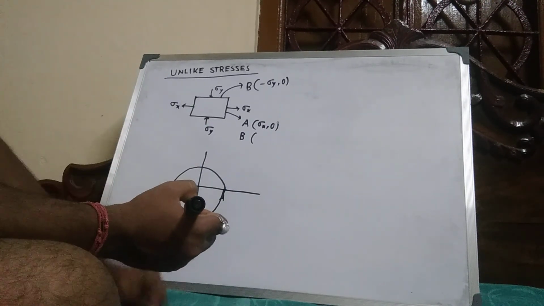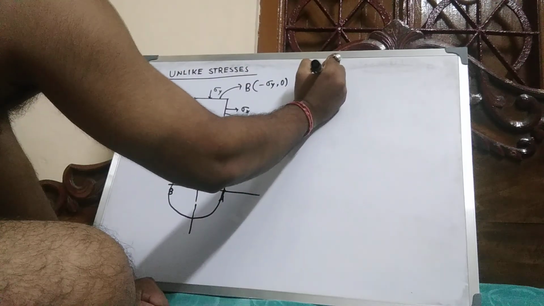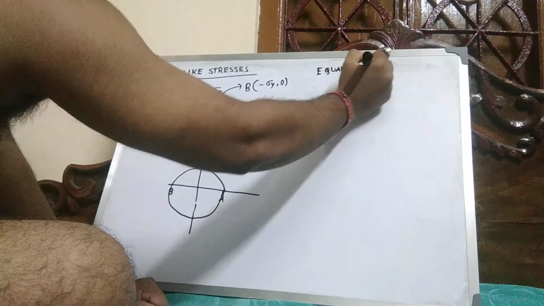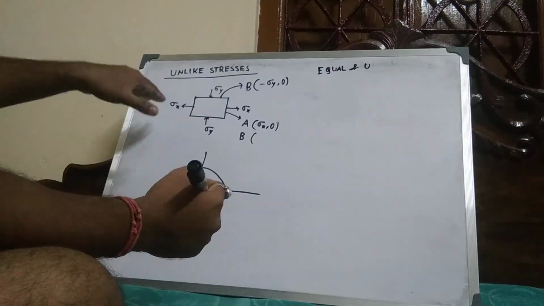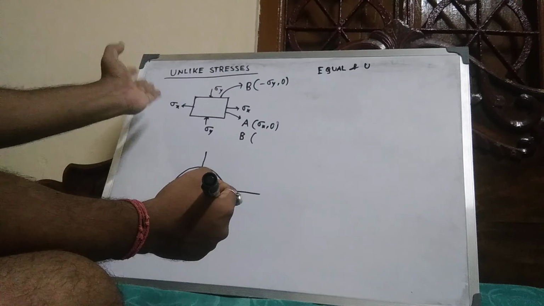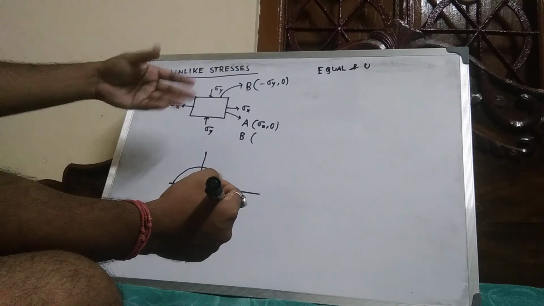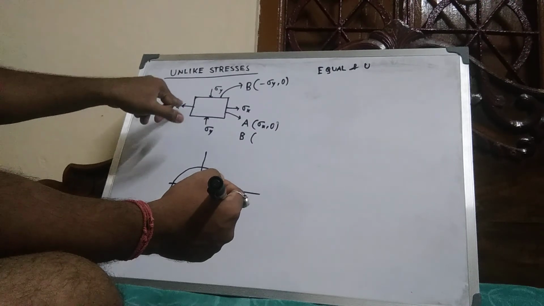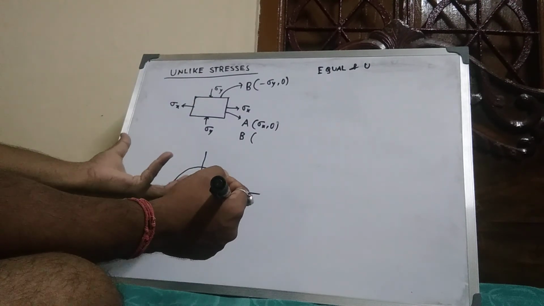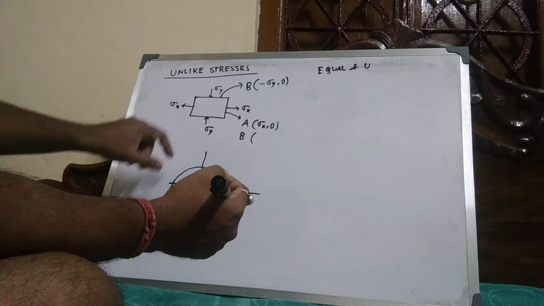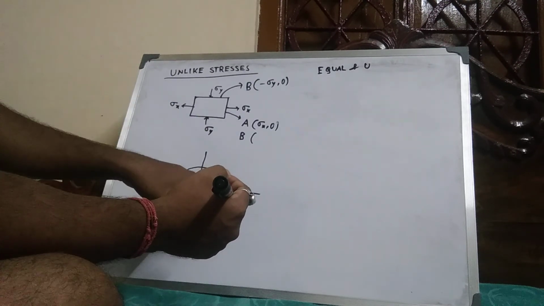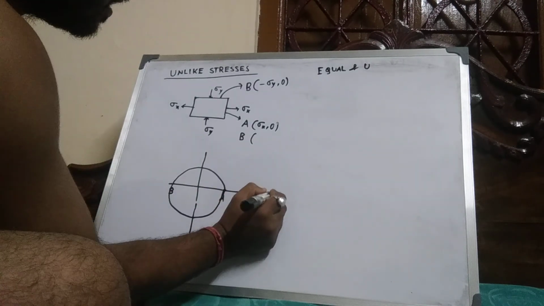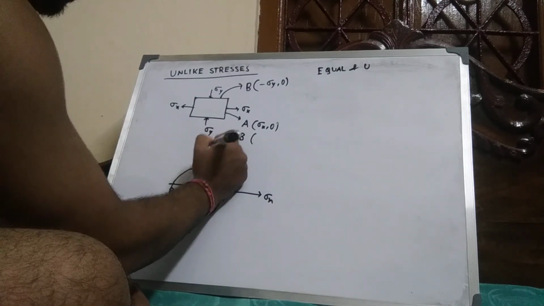This is plane A, equal and unlike, and you can change the nature of the stresses. Suppose this is compressive, plane A is at negative and plane B at positive on the sigma n and tau plane.